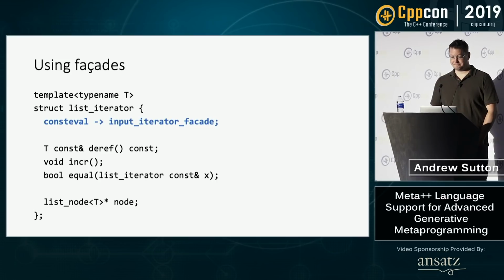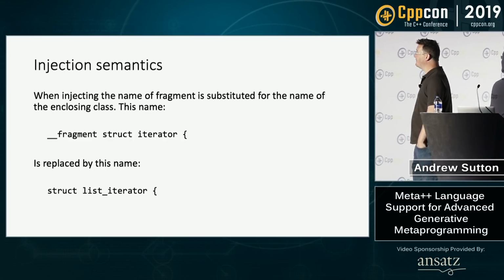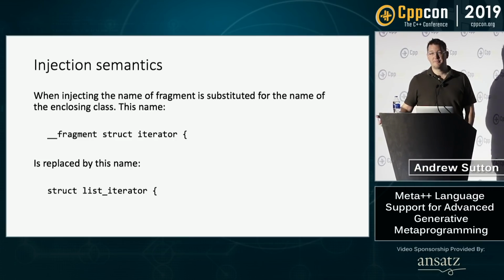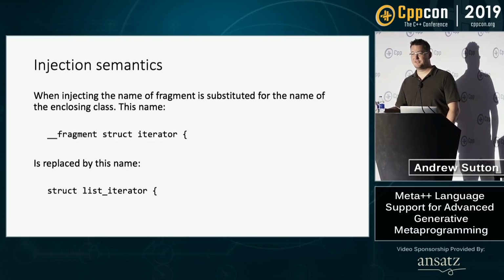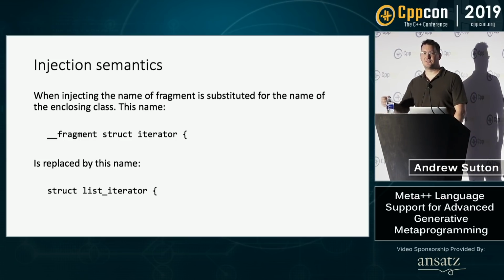Everything works out. Right. The injection in this case, and I want to point this out because this is one of the important substitutions that we apply. When you inject a class fragment into a class, we actually set up a substitution from the name of the fragment to the name of the class that you're instantiating into. So anywhere you use the name of that type inside of your fragment now becomes the type that you've injected this into.